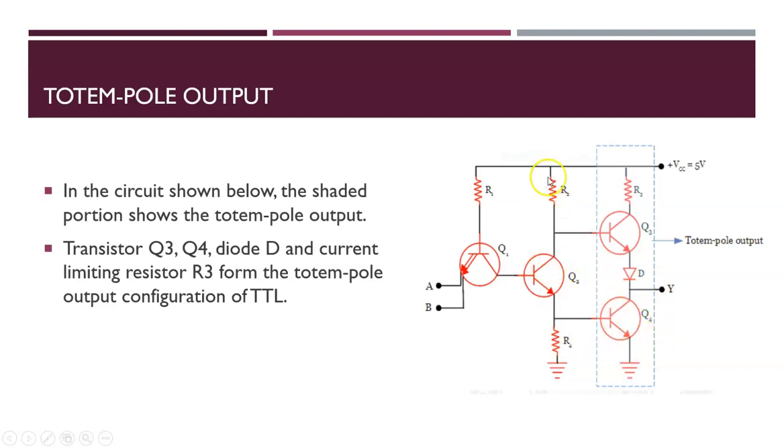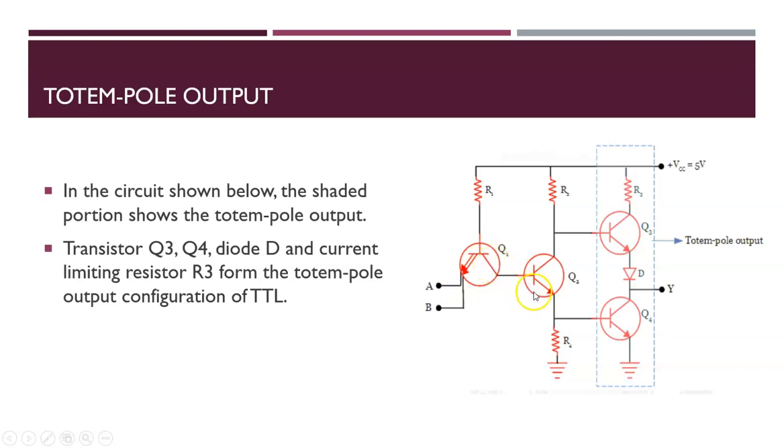But as this circuit is cut off, the current flows to the base of transistor Q3 and Q3 is on. So in this case, when Q4 is off, Q3 is on. Next case, when both the inputs are high, the base emitter junction is reverse biased and the collector base junction is forward biased.